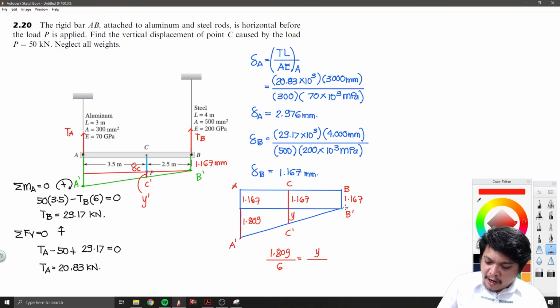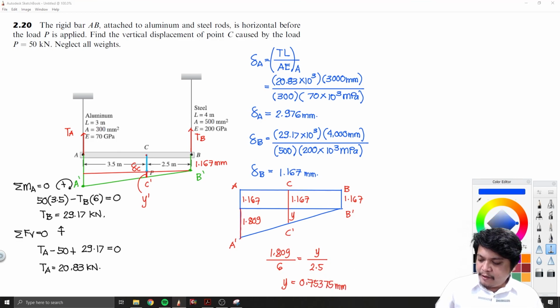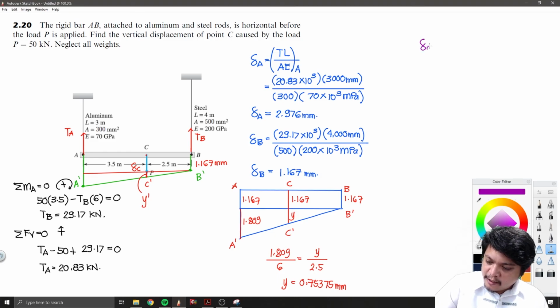And yung kanyang X distance is around 2.5. So, your Y should become equal to 1.809 times 2.5 all over 6. So, you have 0.75375 mm.